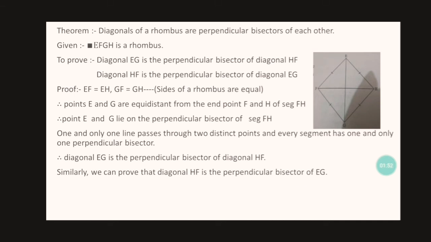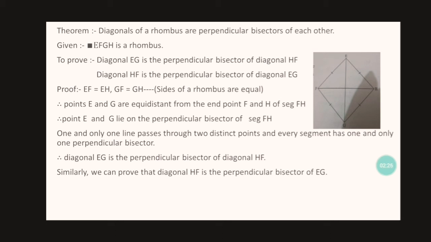Now, how are you going to prove that? First, we have to say that points H and F are equidistant from the end points E and G of segment EG. So H and F lie on the perpendicular bisector of segment EG. Why? Because only one line can pass through two distinct points and every segment has only one perpendicular bisector. I hope I am clear.